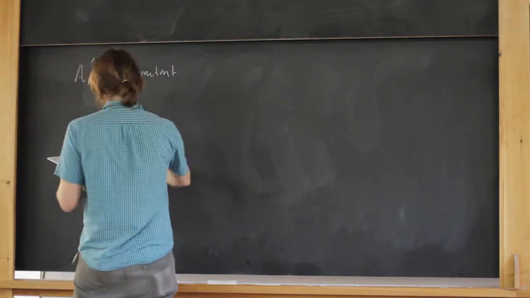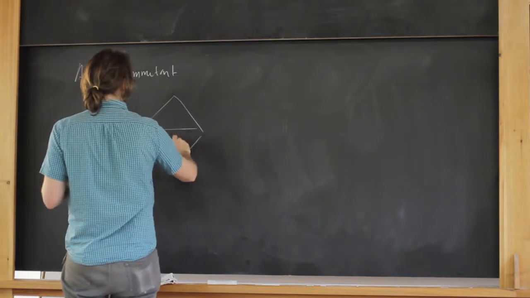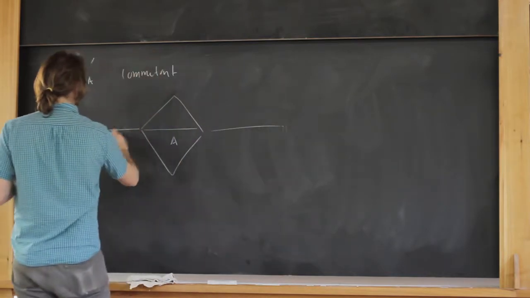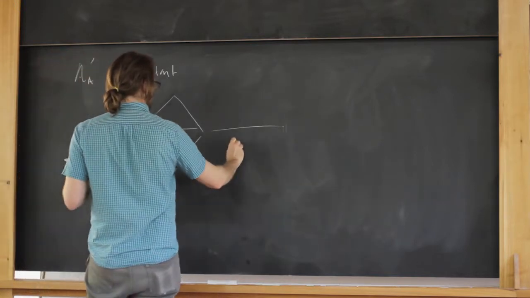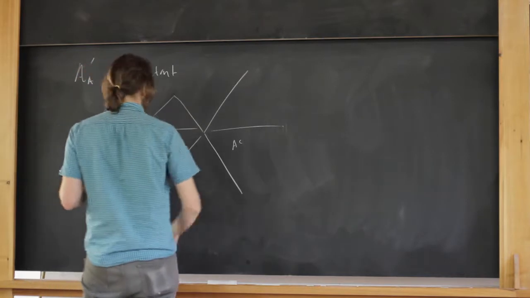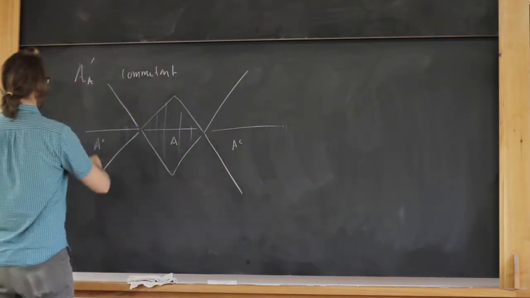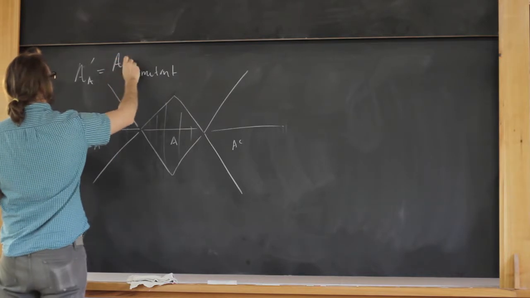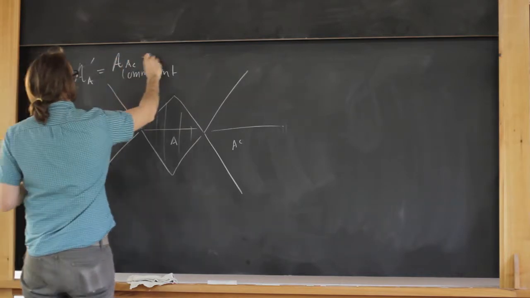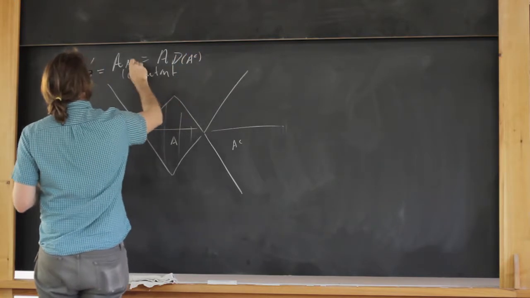In space-time, we have this causal diamond, we have A, and everything that commutes with it is associated to A complement, in particular to the domain of dependence of A complement. So this was A, and this is D of A complement. This is the algebra of operators for D of A complement.